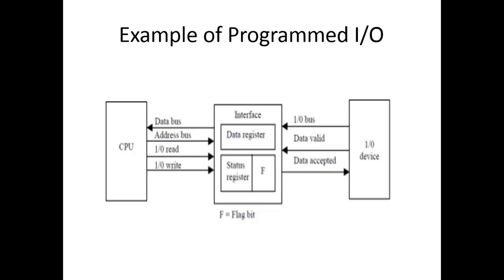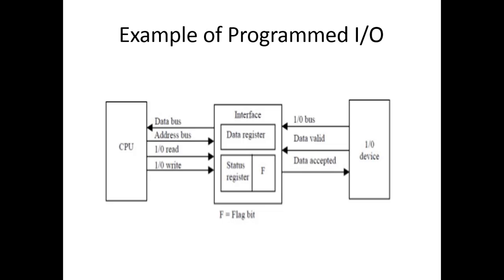The data received from I/O device is stored in the data register by the interface. Depending on some control conditions and data received by the data register, some of the bits of the status registers are set or reset.